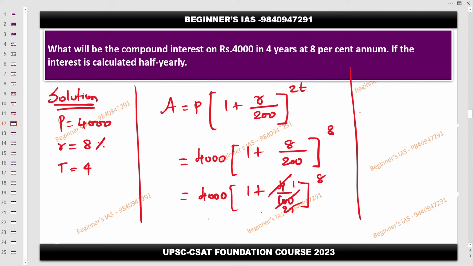Then A is equal to 4000 into 26 by 25 the whole power 8. How could you calculate this?